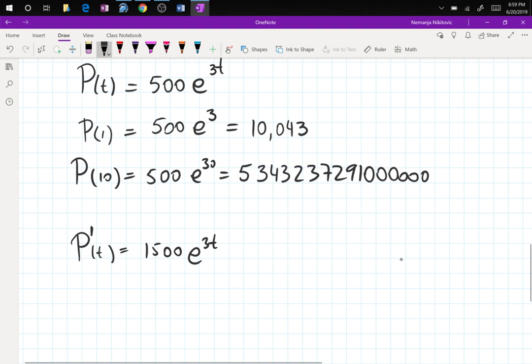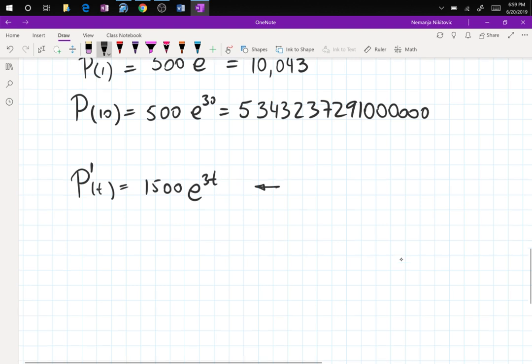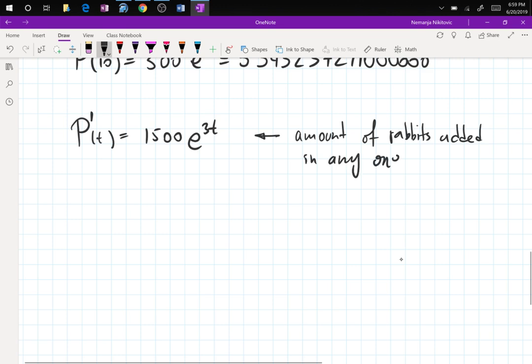by computing this. So again, I'm not going into details here because you are going to have a full lecture of this in Calc 2. So amount of rabbits added in any one particular year.